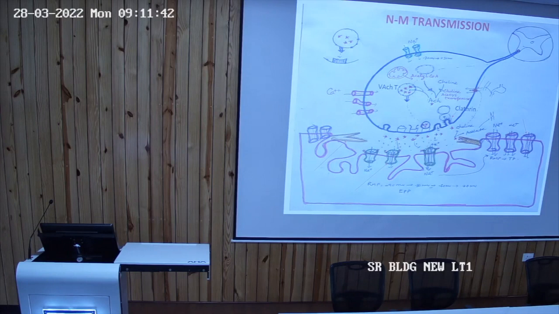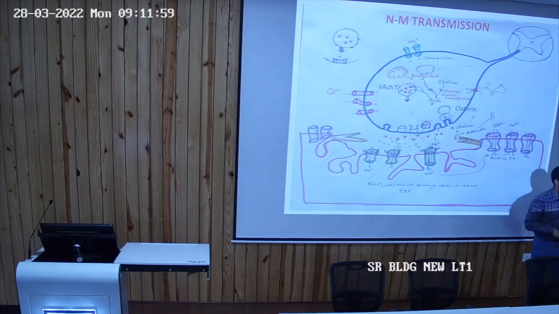Okay, up to 10,000. So you have to understand where these acetylcholine molecules are coming from. The vesicular membranes are just empty bags initially, and where do they come from?